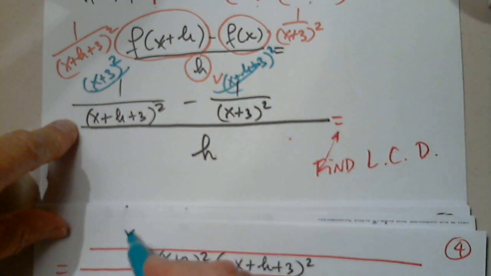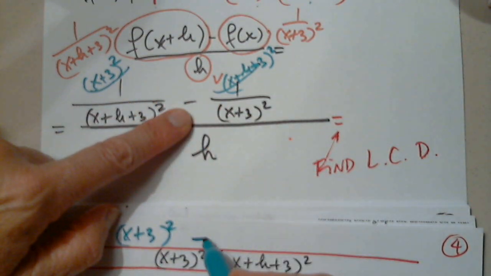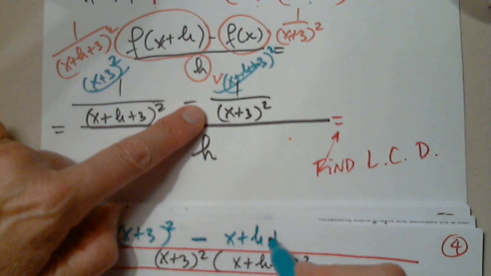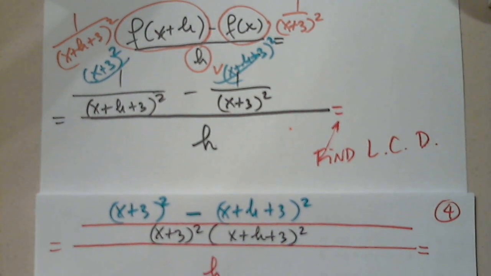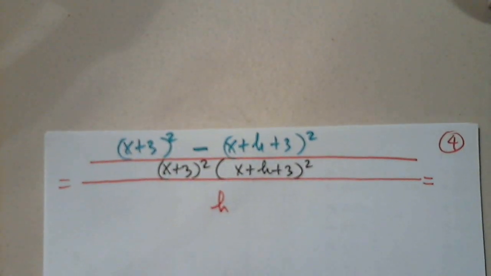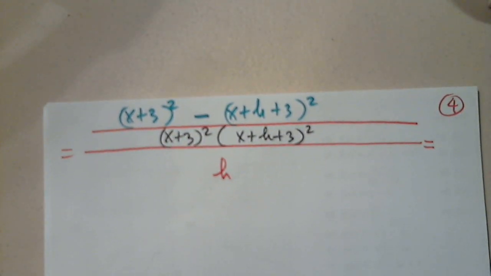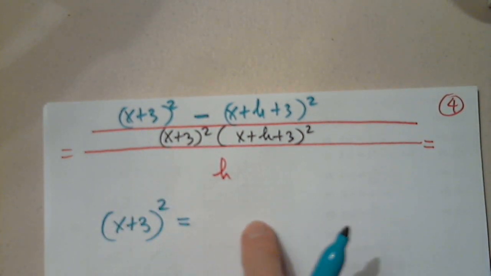So I'm going to write x plus 3 squared. It's times 1, but minus x plus h plus 3 squared. And this is a big deal. So let's square those one by one. So this, we know the formula. Anyone remembers the formula?